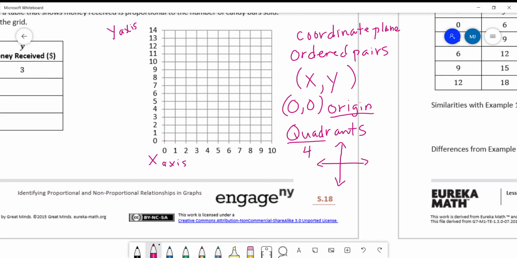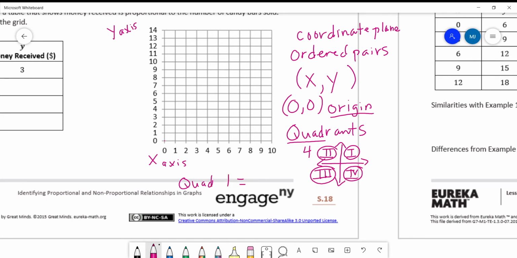So in a true coordinate plane, you have 4 quadrants. You have this section, which is noted with a Roman numeral 1. Then you go counterclockwise. So you go this way for number 2, this way for 3, and this way for 4, and you use Roman numerals for those. So this is quadrant 1.